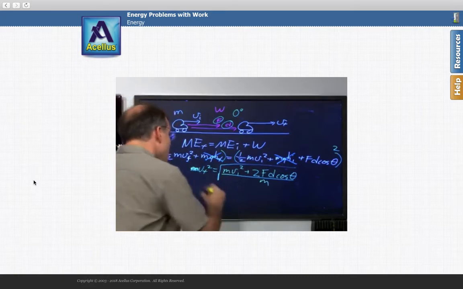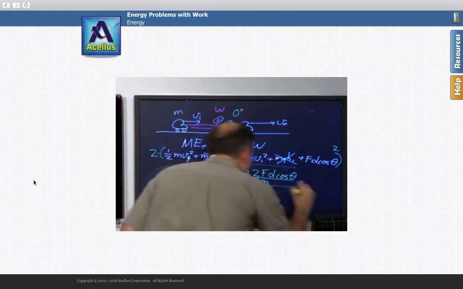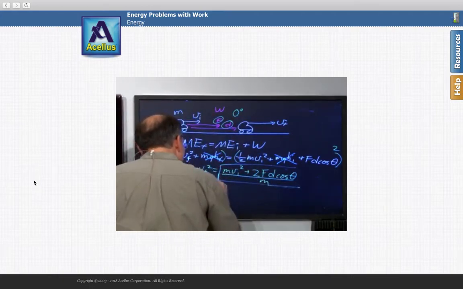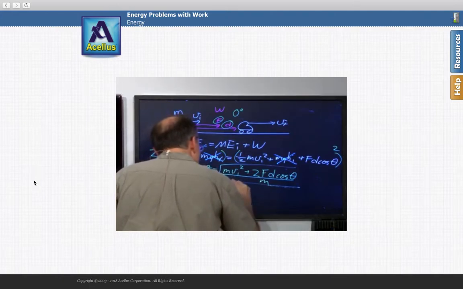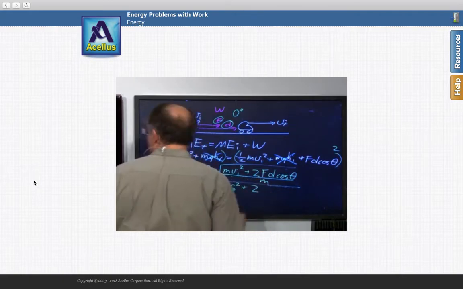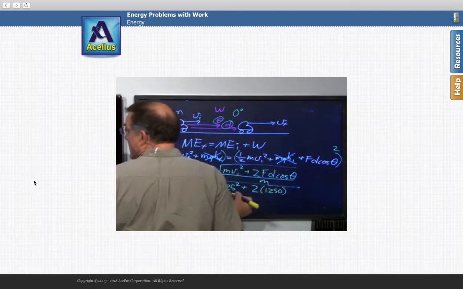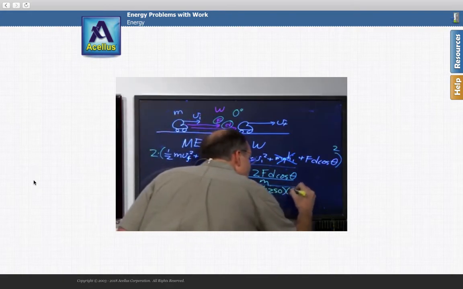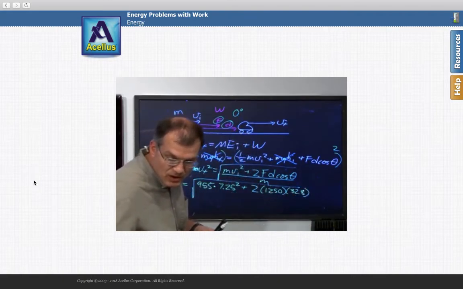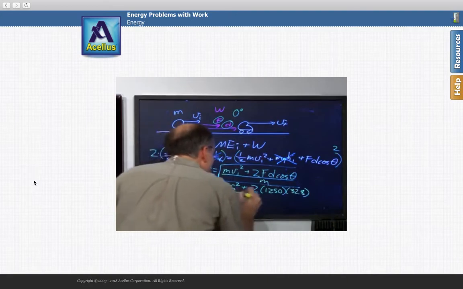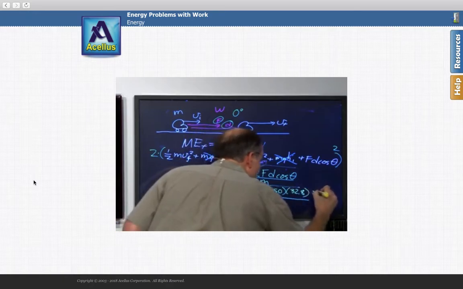It's not too bad. So the velocity is, there's lots of things to put in this time. The mass, it's 955 times v initial squared, 7.25 squared, plus 2 times the force, 1250, times d, that's the distance, 32.8, times cosine of 0, which is 1, then that whole mess over the mass, which was 955. Woo!